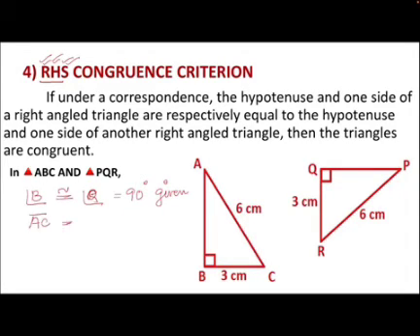So AC is congruent to PR. Check the corresponding parts, children. So that is again given. Both equal 6 centimeters, given. Next one. BC.